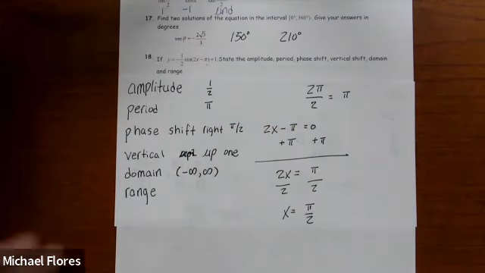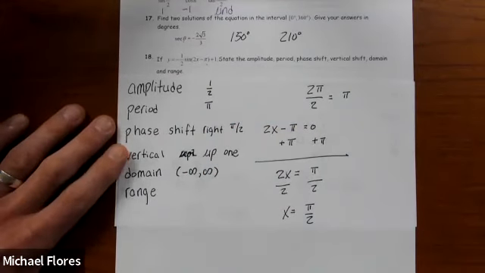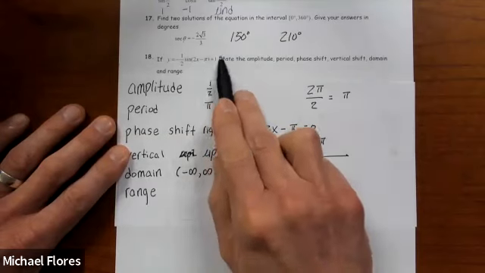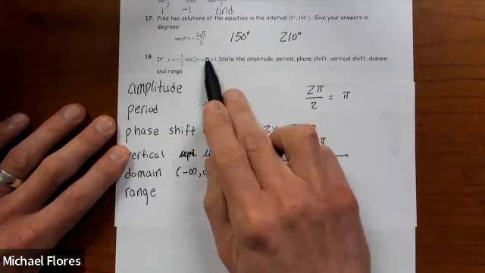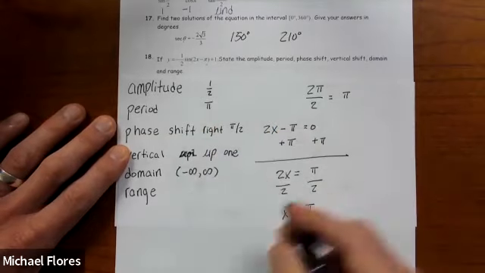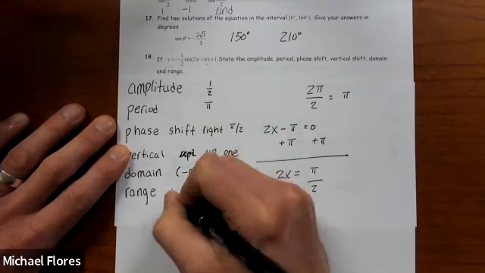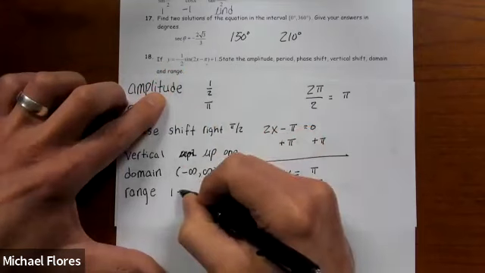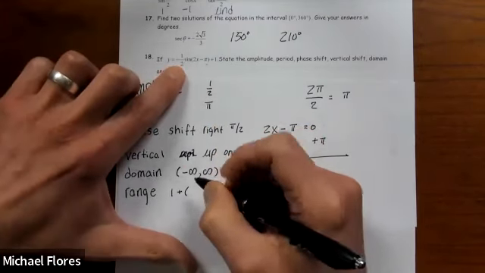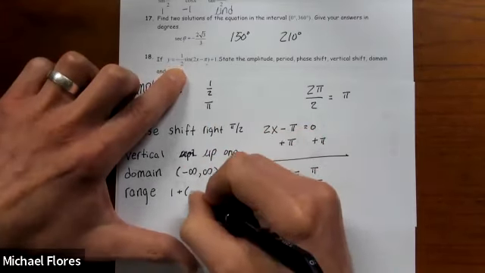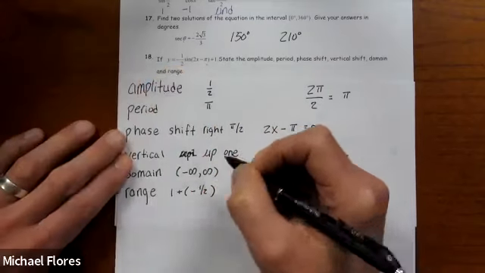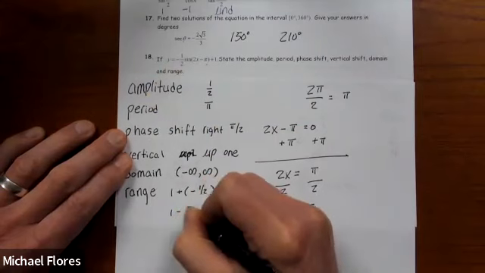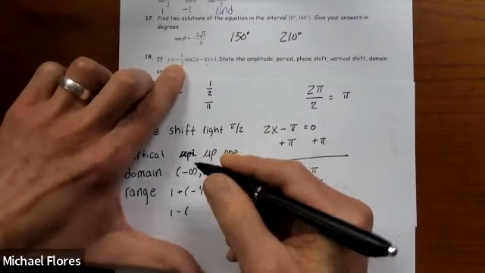And now to find range, here's what you're going to do. You're going to take note of any sort of vertical change. We have a vertical change, we're shifting up 1 here. So we're going to do 1 plus that number in front of our trig function. We're going to do 1 minus the number in front of the trig function.